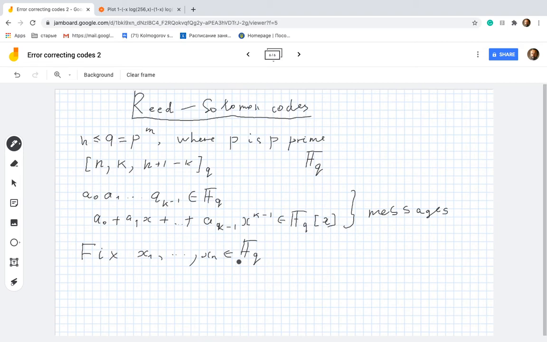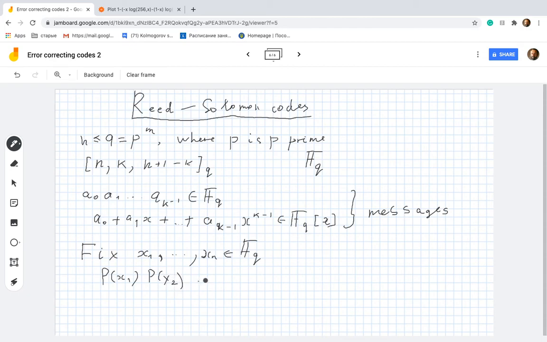And to this end, we need that q is at least n, otherwise we can't choose that many pairwise distinct elements in the field. And we evaluate the given message, or the given polynomial, in all those points. And so we obtain n numbers from the field. And these are code words.